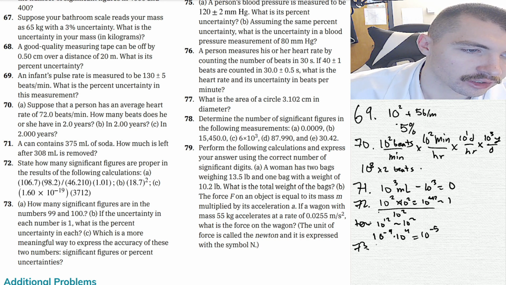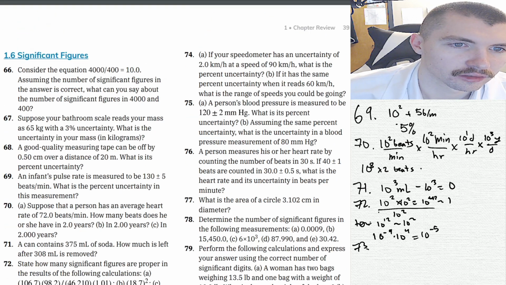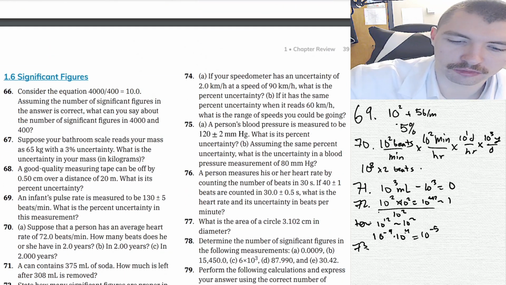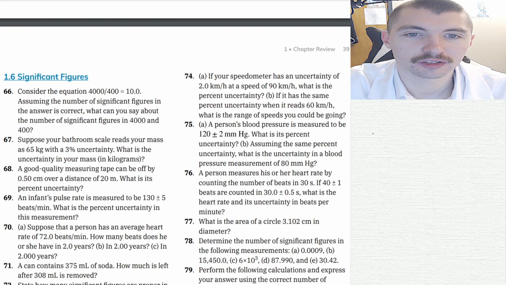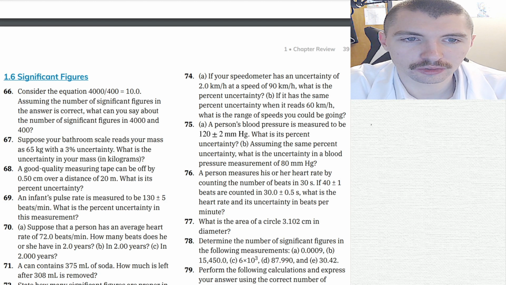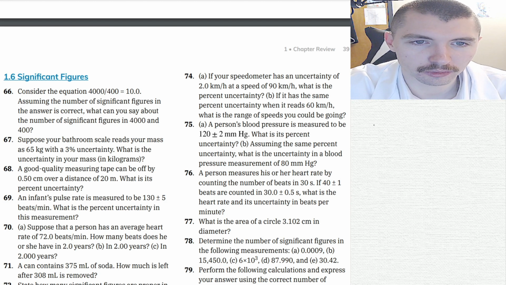If the uncertainty in each number is 1, what is the percent uncertainty? 0. What is a more meaningful way to express the accuracy of these numbers? I don't know what you're asking. Let's move on. If your speedometer has an uncertainty of 2 kilometers per hour at 90 kilometers per hour, what is the percent uncertainty?